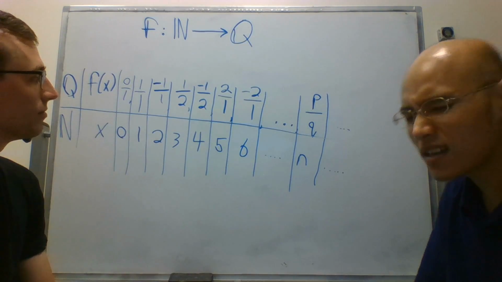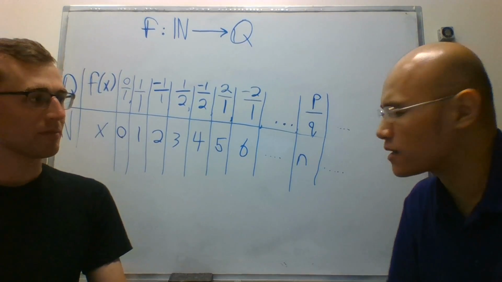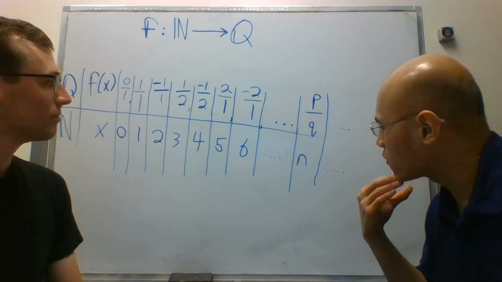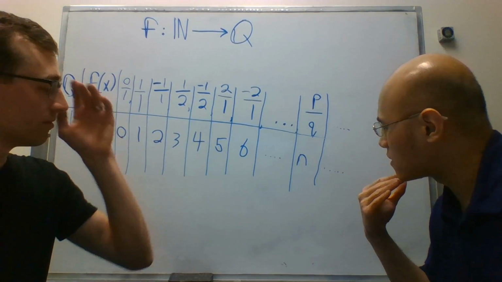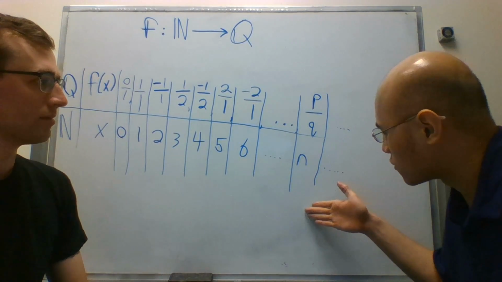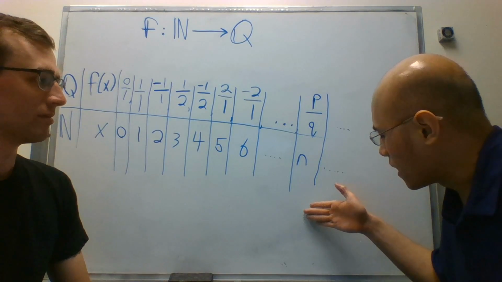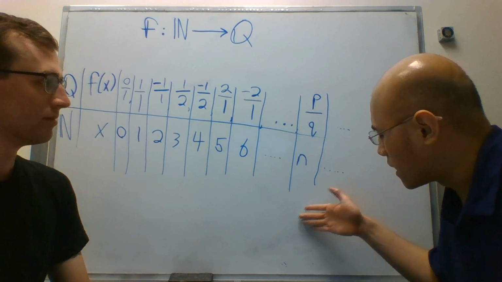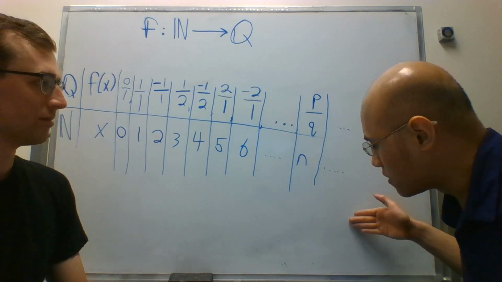Okay, all right. It does seem a little strange because rational numbers, we know they can have decimal values that are infinite but repeatable.